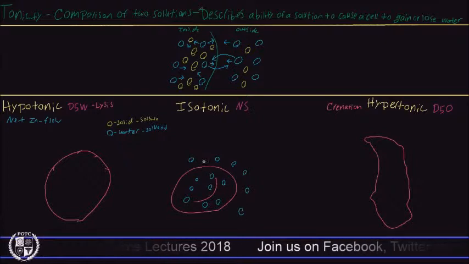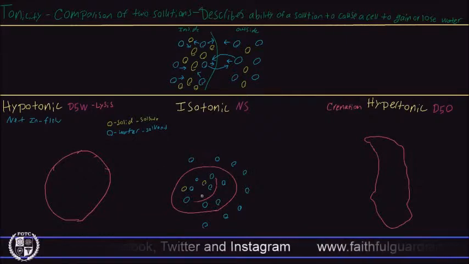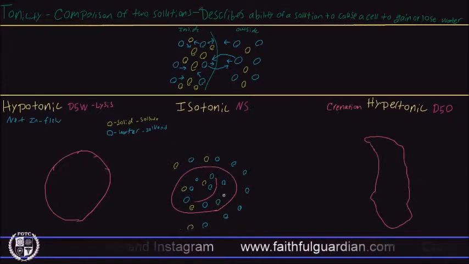So let's see, 1, 2, 3, 4, 5, 6, 7, 8 inside, and 1, 2, 3, 4, 5, 6, 7, 8 outside. And it also has solid particles on the inside and the outside. Everything is going to be able to move freely across the cell membrane.